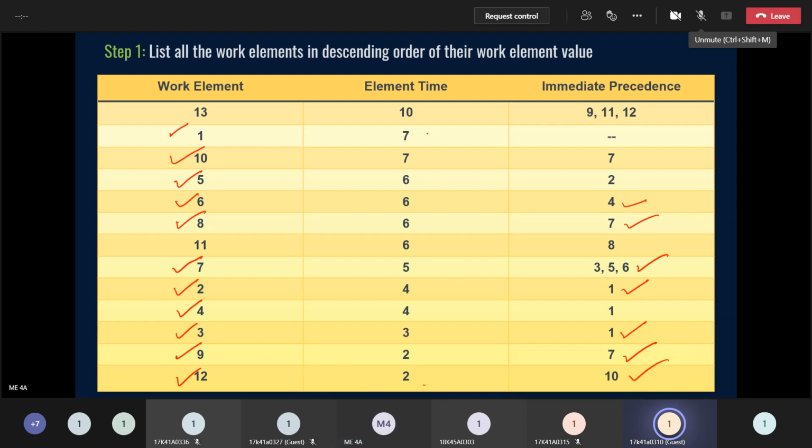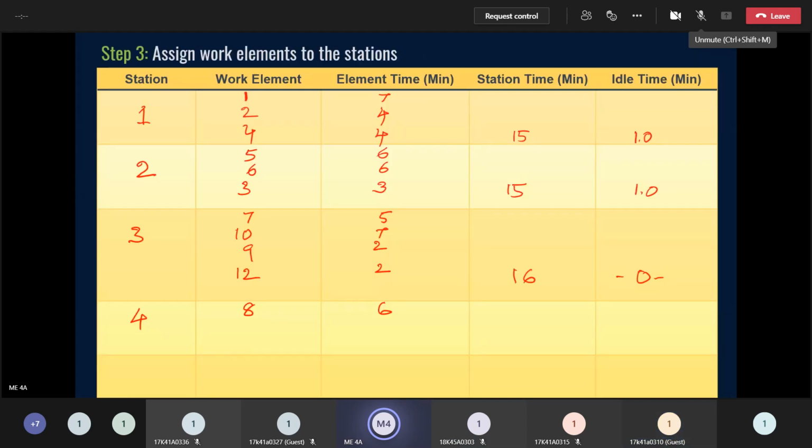Work element 11, sir. Work element 11 takes 6 minutes. So it's totally 12. So 4 minutes idle time. Yeah, 4 minutes is the idle time.